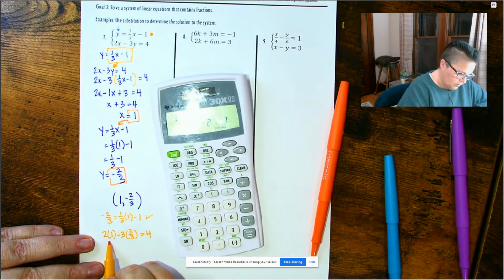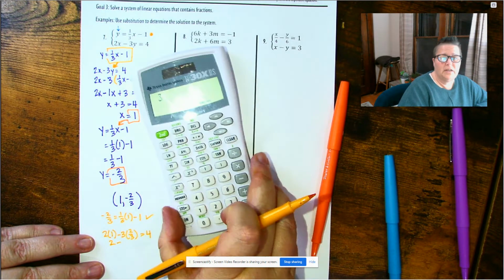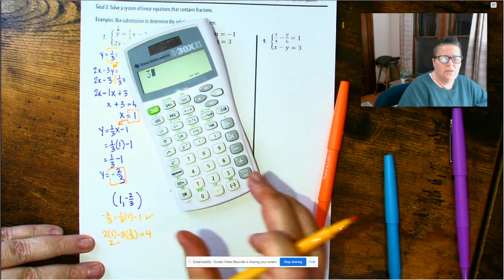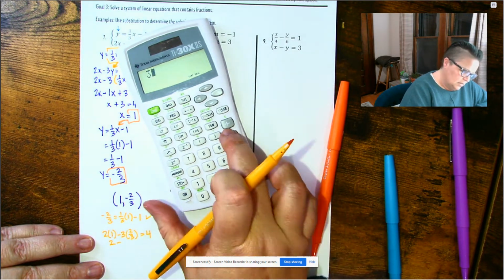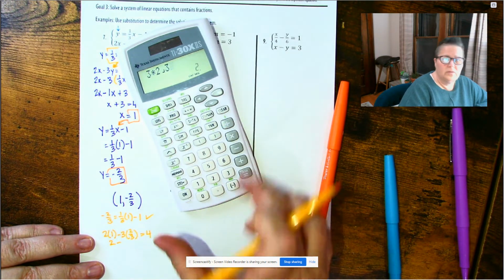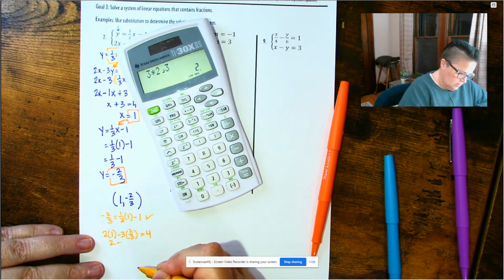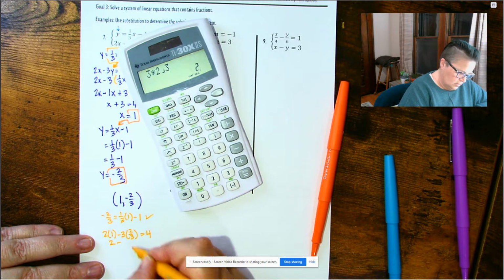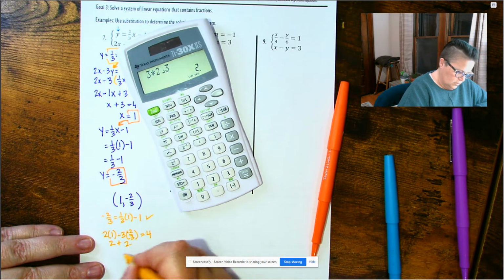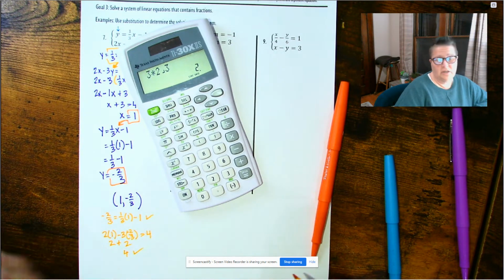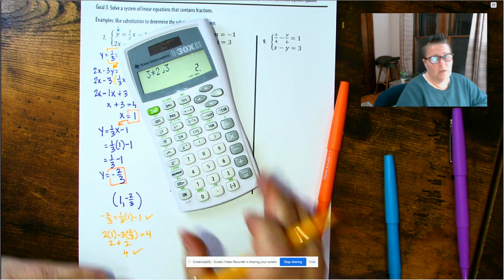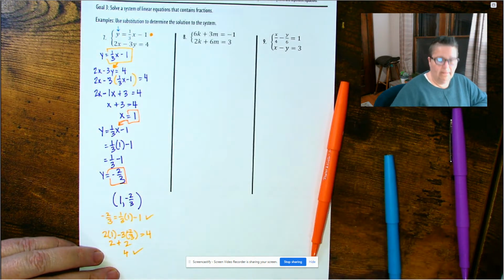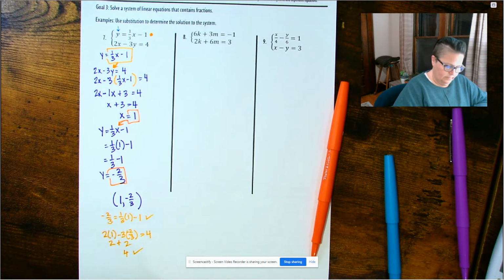Well, I know 2 times 1 is 2, minus, and I can use my calculator, Claire, to do 3 times 2/3. Oh, it's a negative, so 2 plus 2. Yep, that's 4, and it checks. Okay. That one wasn't so bad.